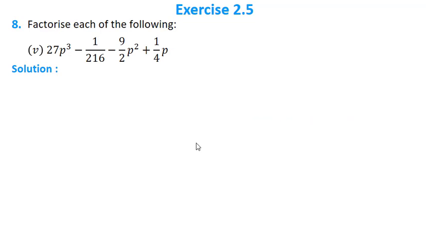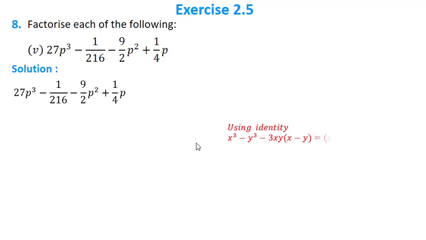Now next question is 27p cube minus 1 upon 216 minus 9 upon 2p square plus 1 upon 4p. So again here we are going to use the identity x cube minus y cube minus 3xy in bracket x minus y as x minus y the whole cube.